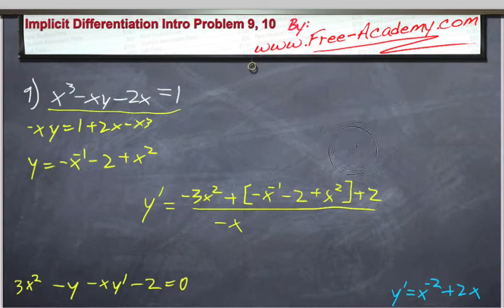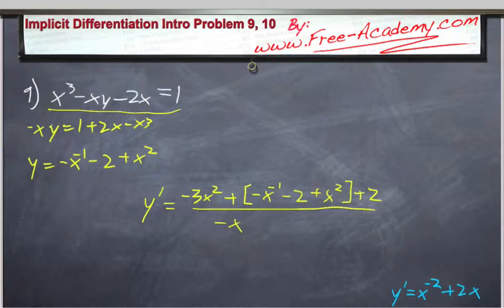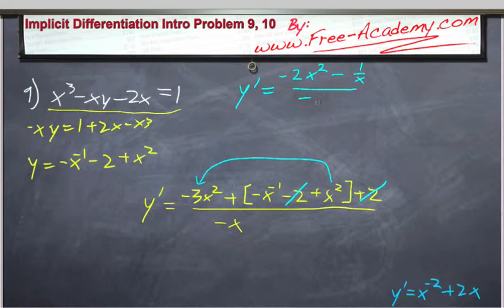We have a minus 2 and a plus 2, so those will very clearly cancel. The x squared and the minus 3x squared will combine, so this will give us y prime is equal to minus 2x squared minus 1 over x all divided by negative x.